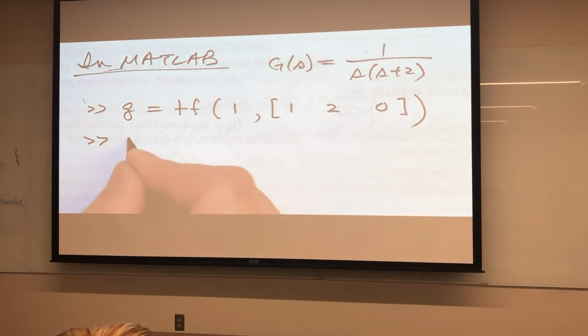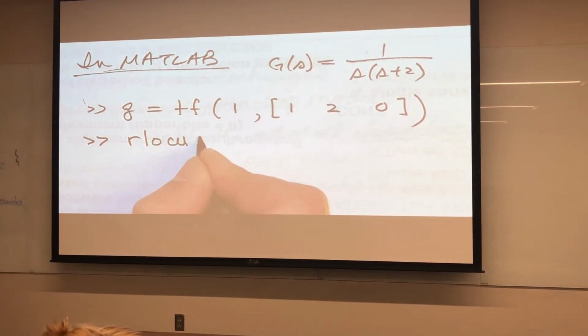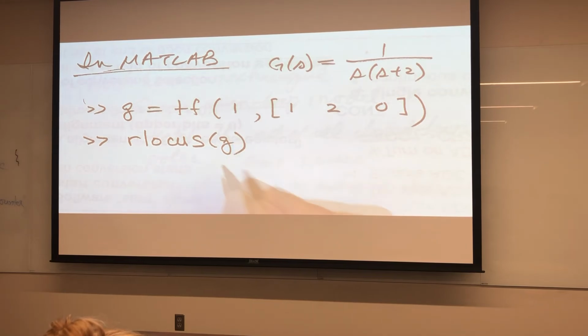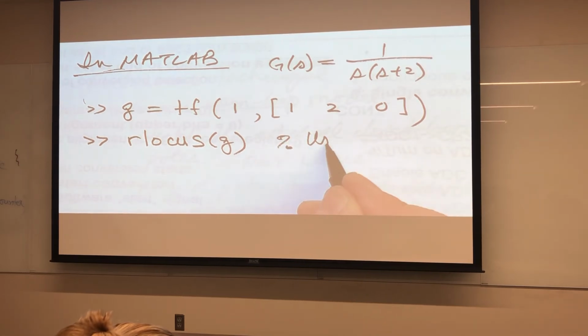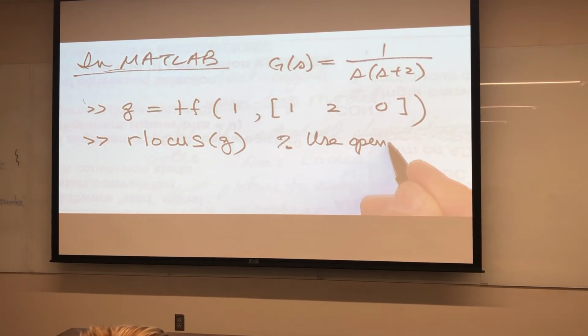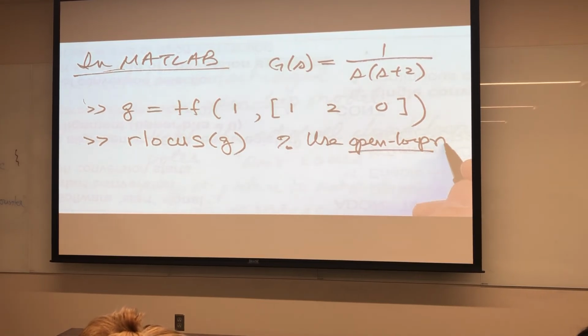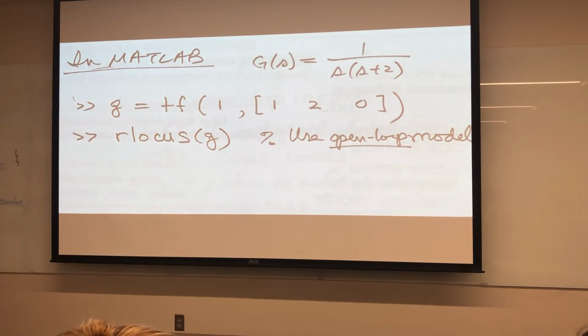And then we're just going to say rlocus of g. Notice that we're using the open loop model.